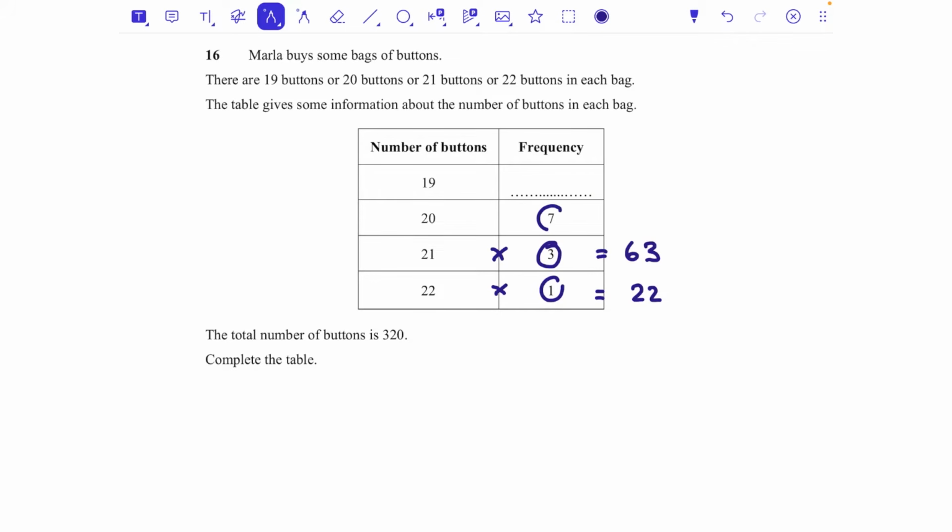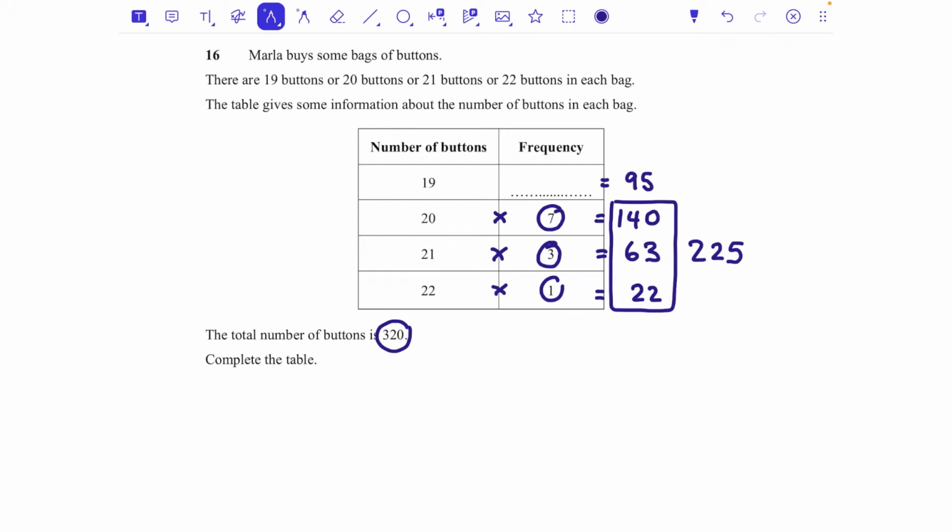I've got 7 bags that each have 20 buttons in them. So that would be 140. So if we add up that so far, 140, add 63, add 22, that makes 225. But we know that there are actually 320 buttons. So 320 minus 225 means that we know the bags with 19 buttons in must add up to 95.